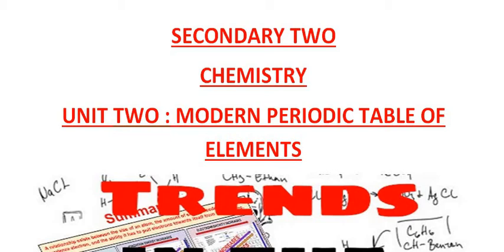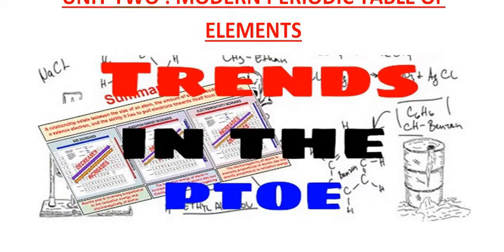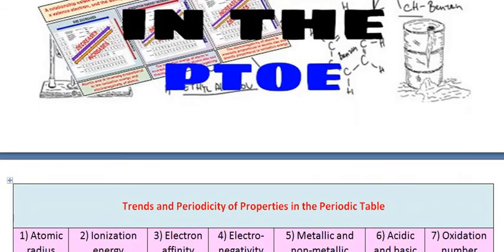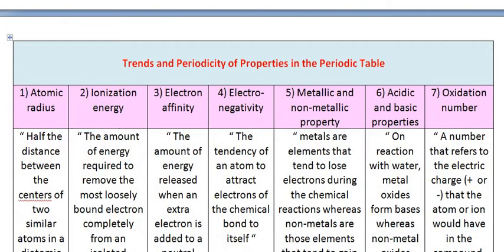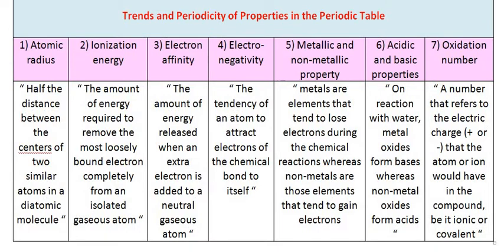Now we are going to continue in unit 2, modern periodic table of elements. Here are something called trends in the periodic table of elements. Six trends in the periodic table of elements are being studied today or in several lessons.